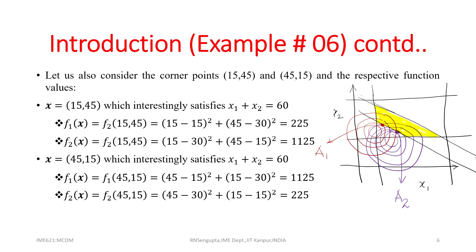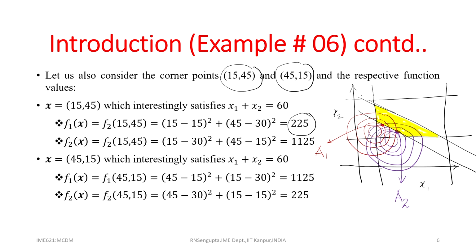If I consider the corner points for our example, which are (15, 45) and (45, 15), then, just as an example, the objective function value for f1 alone at (15, 45) comes out to be 225.